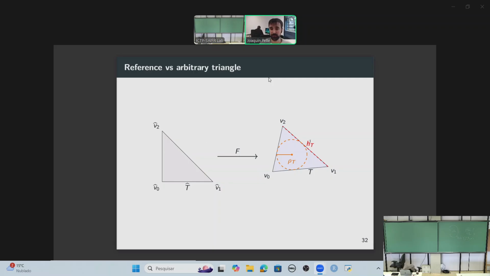So you can imagine that if this radius here is too small compared to the diameter, so if we have a very thin triangle, which is something that we usually don't desire in this kind of approximations. Intuitively, it's easy to imagine, but the mathematical reason why this is required will come up in a moment.